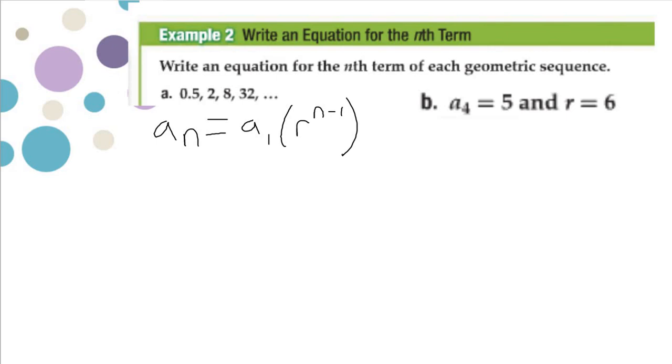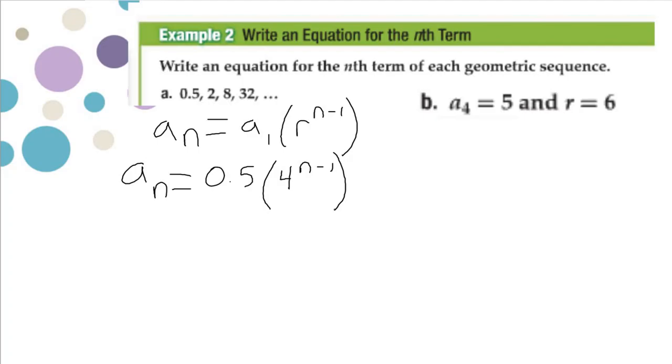On our first one, what is our first term? 0.5. Yep. And then what's our r? So like what am I multiplying by each time? 4. Yep. So then I have 4 to the n minus 1. And that's our answer.